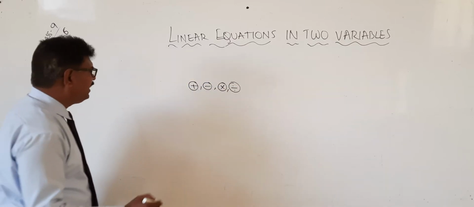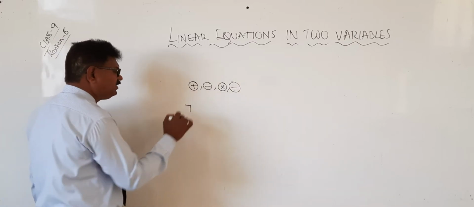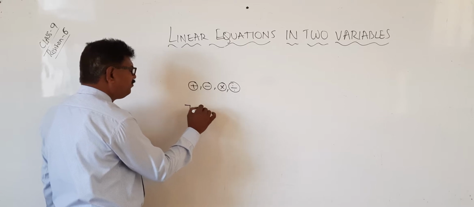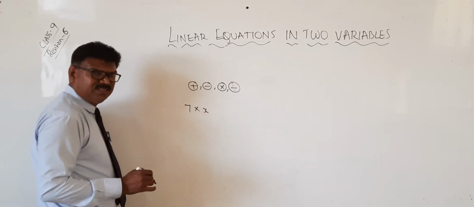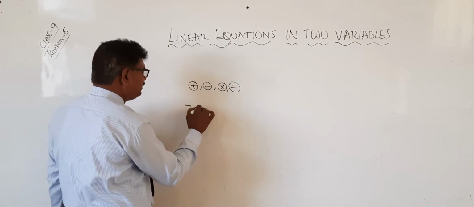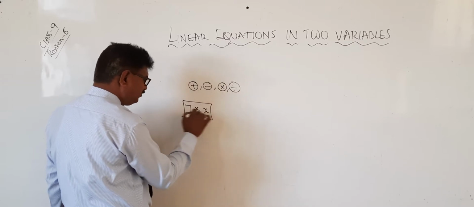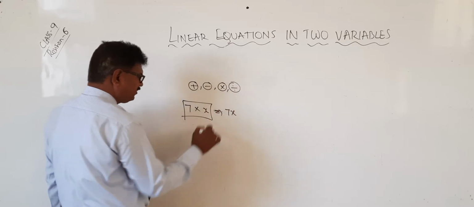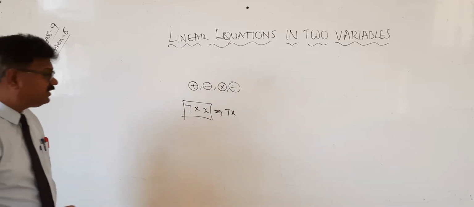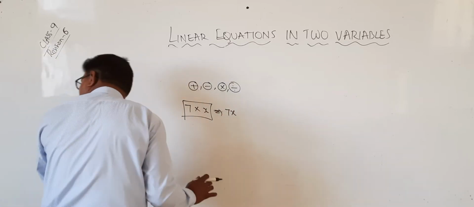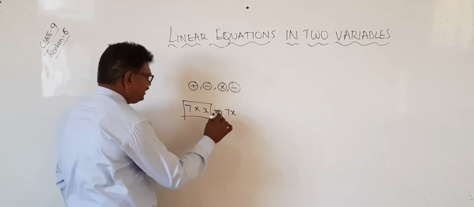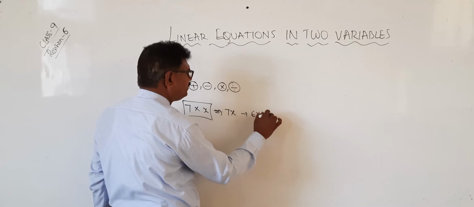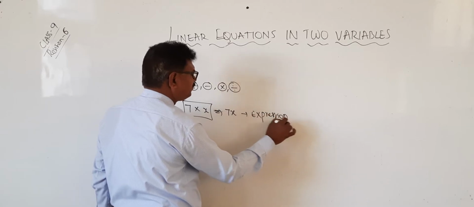For example, 7 is a number which is multiplied by x, then this will become 7 into x, 7x. 7x is known as one expression.